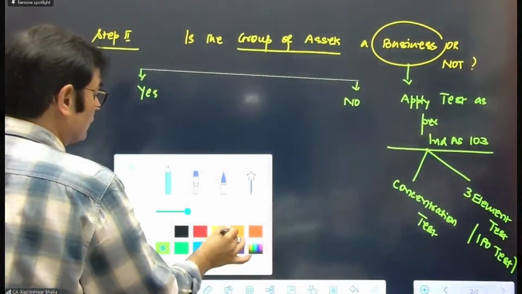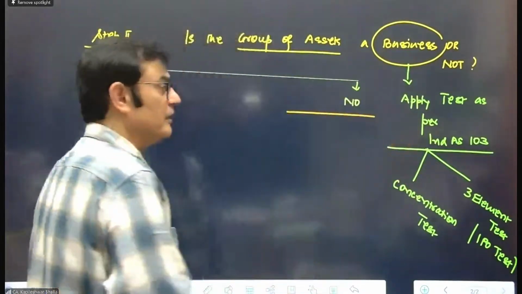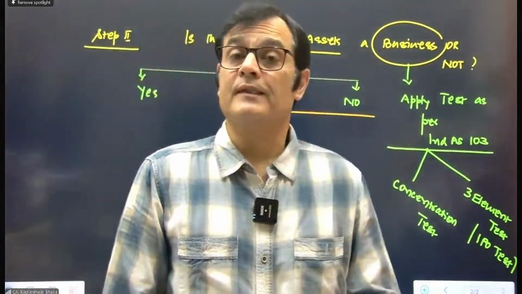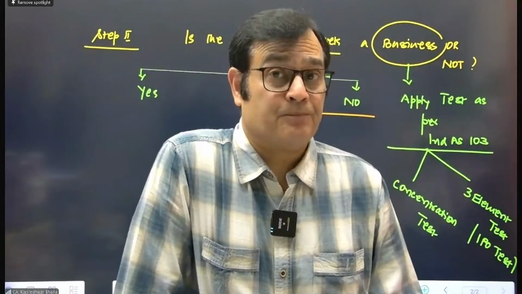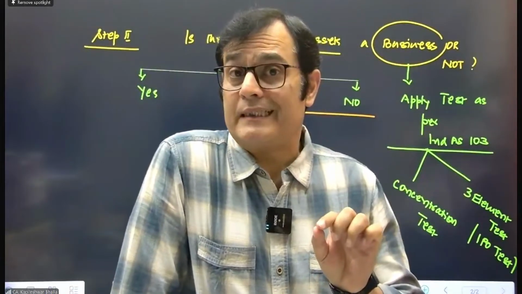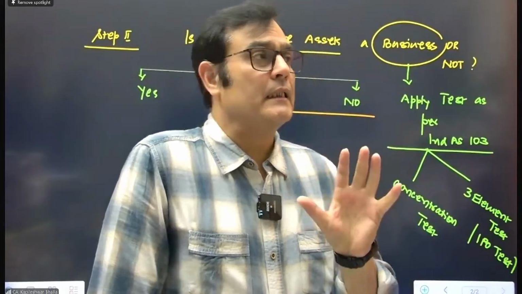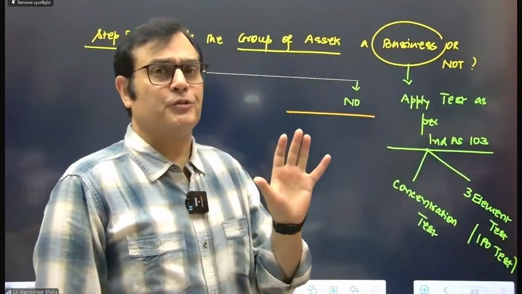Now, once you reach a conclusion that no, it is not a business, this means that consolidation standards again cannot trigger. But in this particular case, Ind AS 103 has given us a guidance. Though the consolidation standards do not trigger, you paid a consolidated consideration.